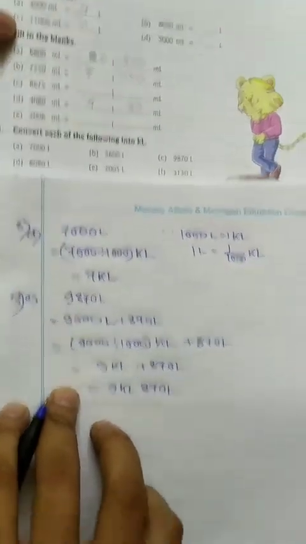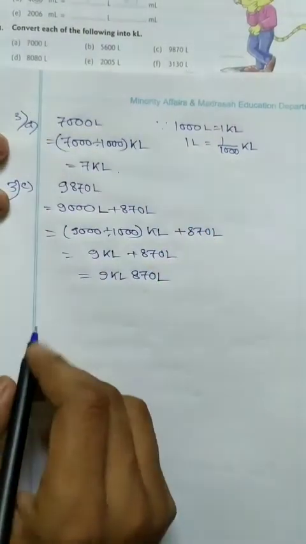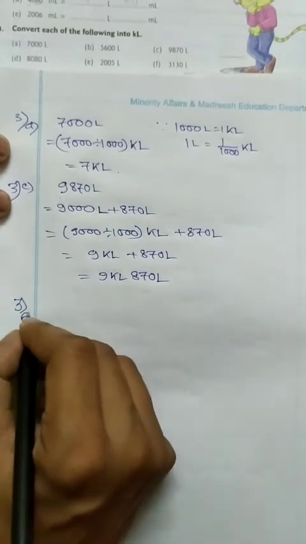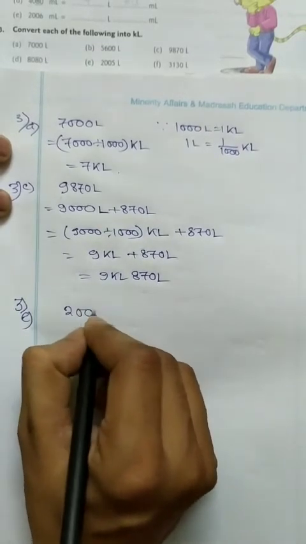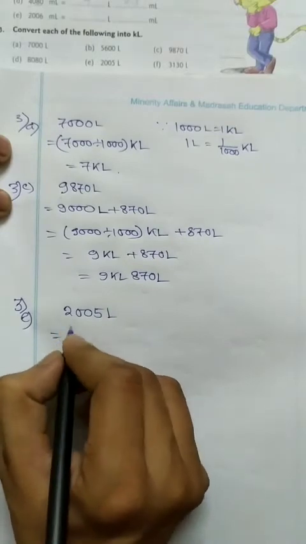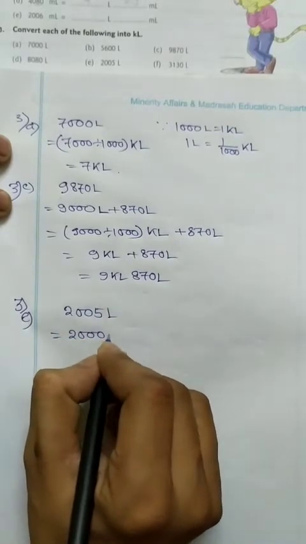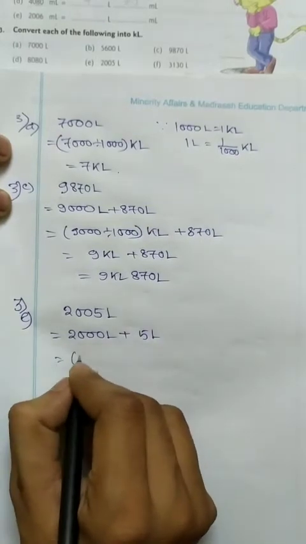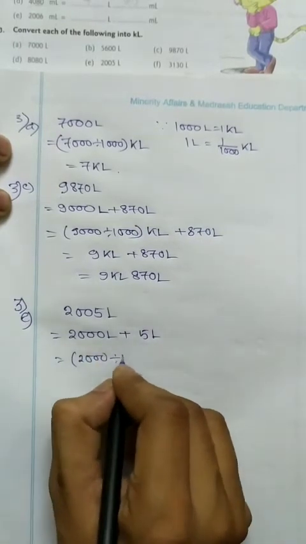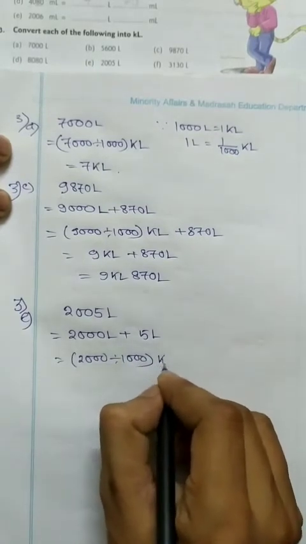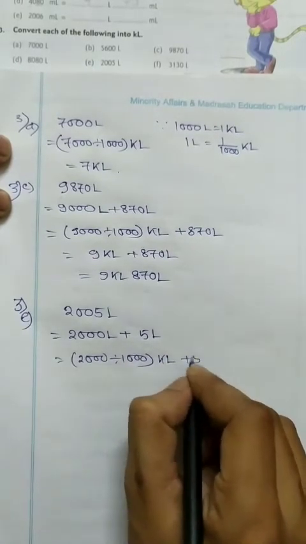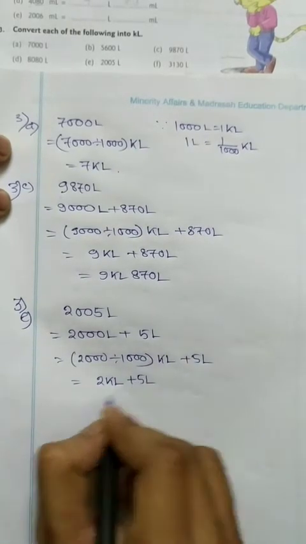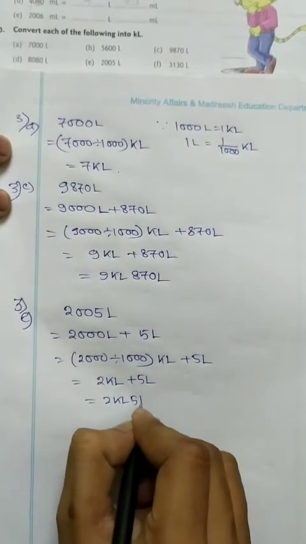Now question number 3E. Here given 2005 liter. That is 2000 liter plus 5 liter. We divide liter by 1000 to get kiloliter plus 5 liter, that is 2 kiloliter 5 liter.